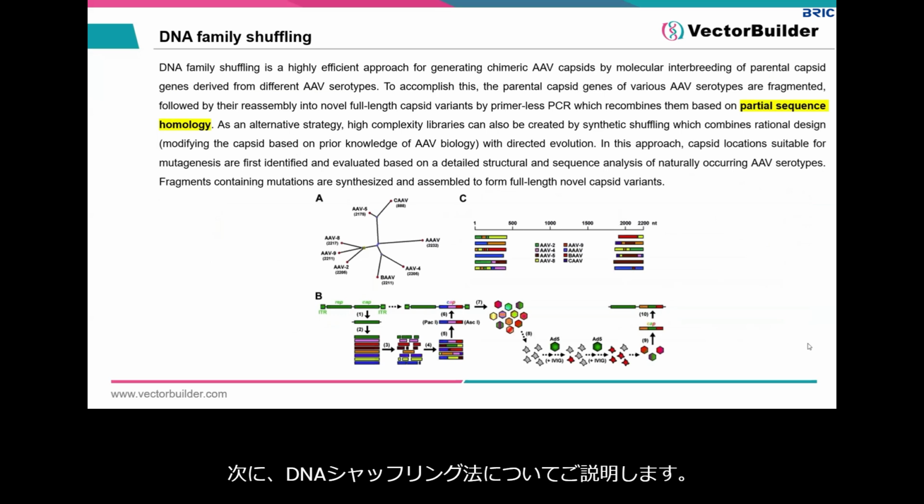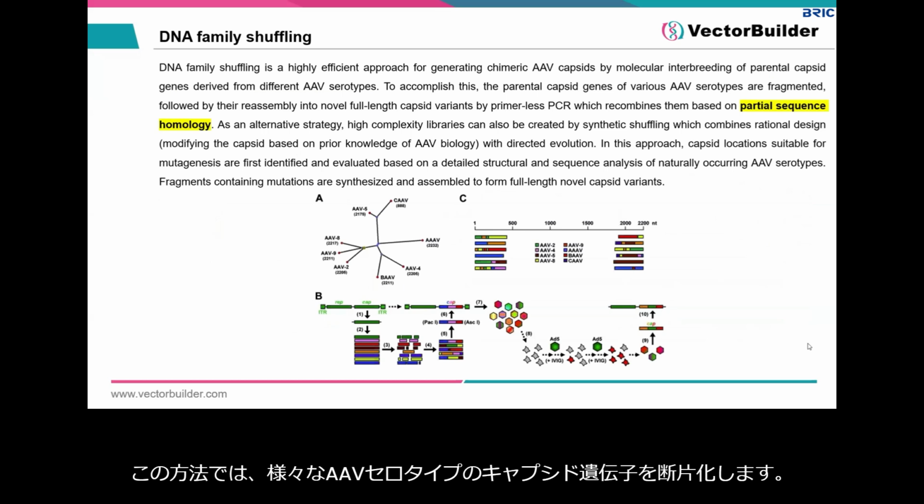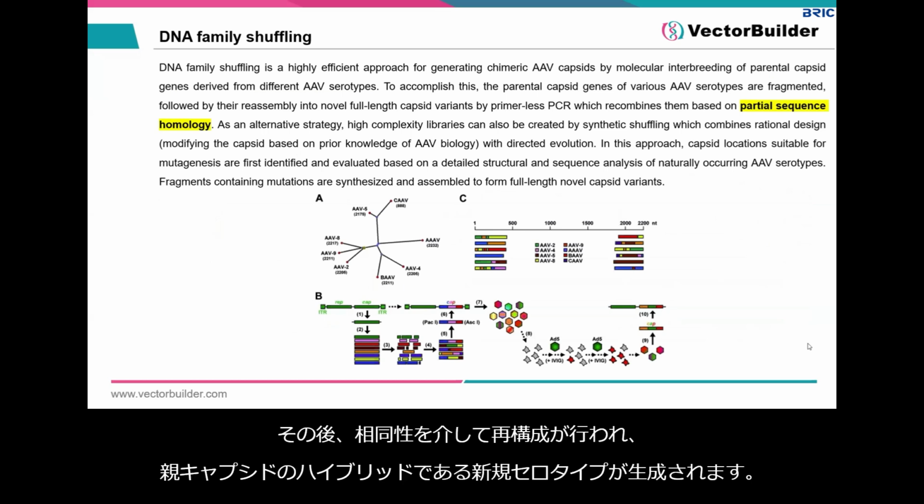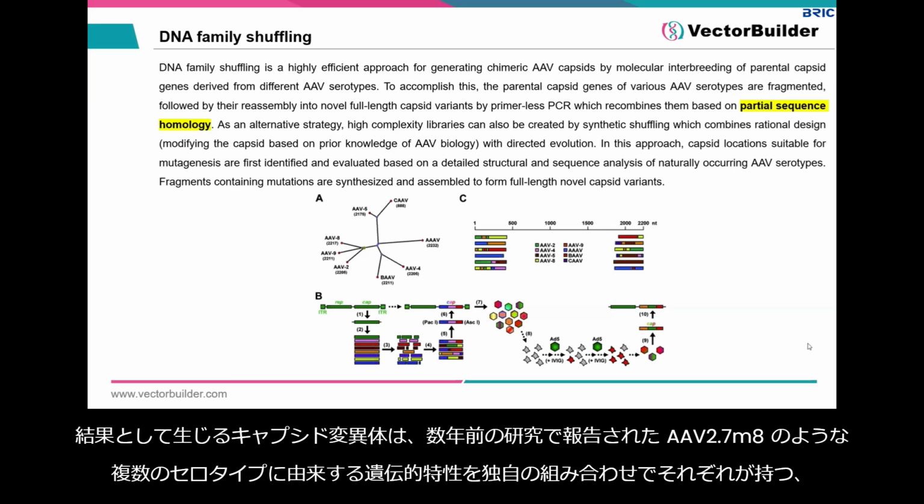The next one is the DNA shuffling method. In this method, the capsid genes of various AAV serotypes are digested, followed by re-annealing through homology, resulting in the generation of new serotypes that are hybrids of their parental capsids. These resulting capsid mutants offer a diverse repertoire of AAV variants, each possessing unique combinations of genetic traits derived from multiple serotypes.